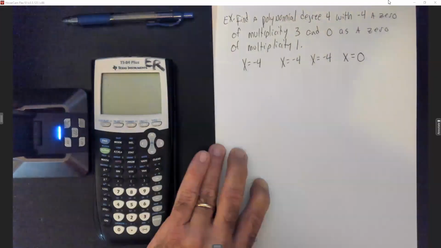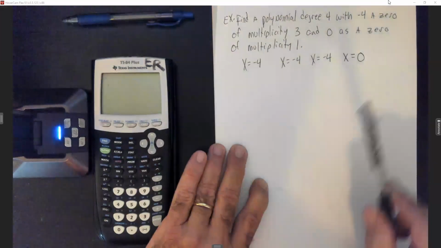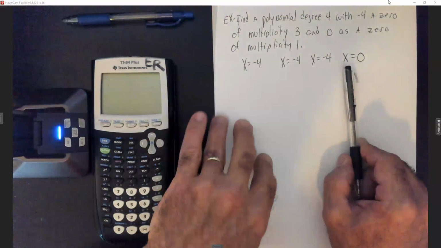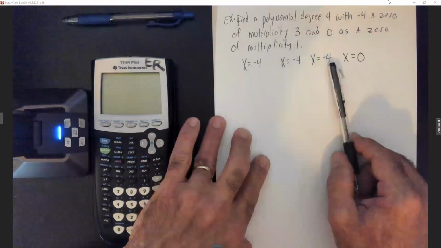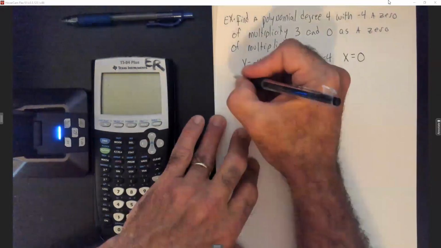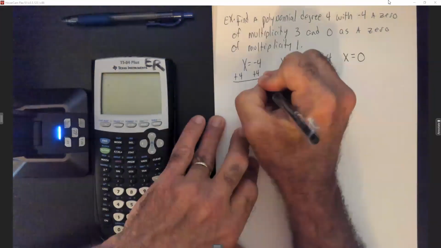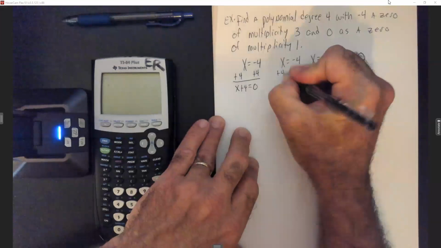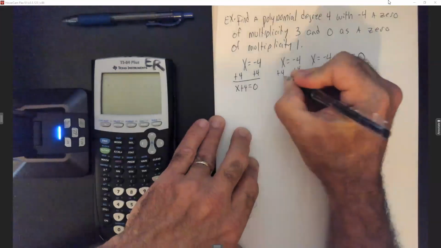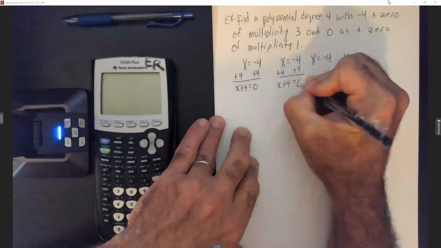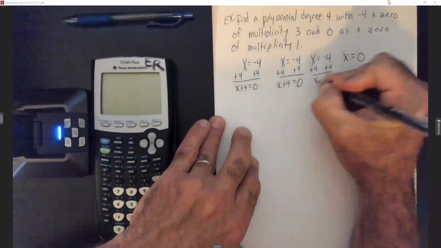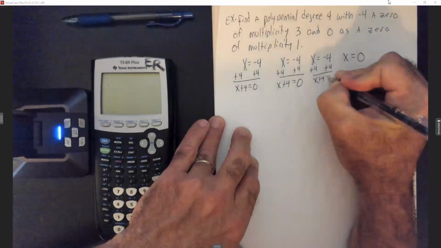Okay? Now, when I put these in parentheses, I'm putting this one first because it's just a single x again. So on all these, since they're -4, we would add 4. So x plus 4 equals 0. X plus 4 equals 0. X plus 4 equals 0.